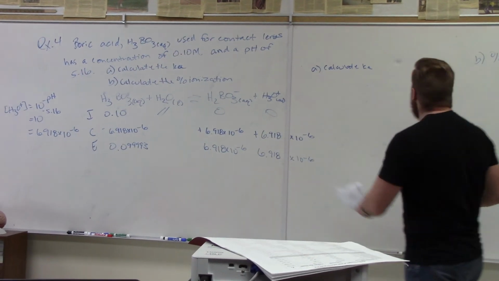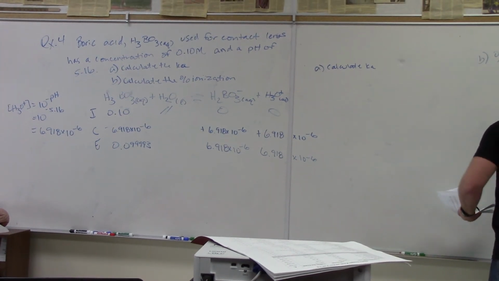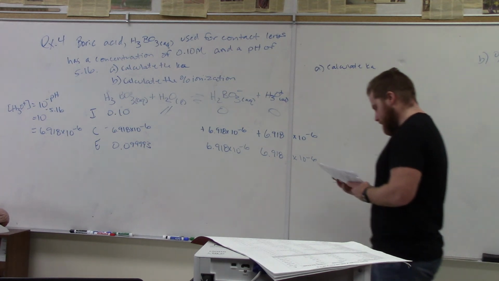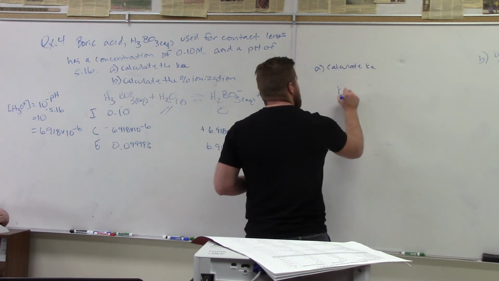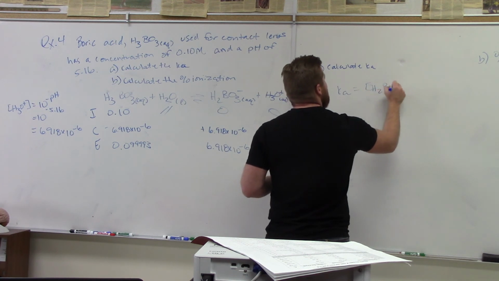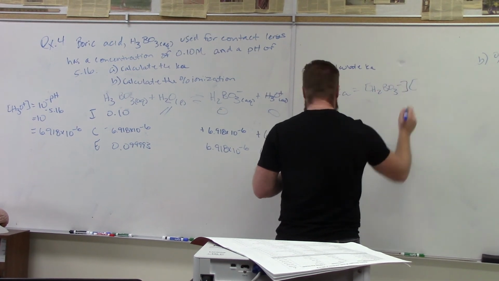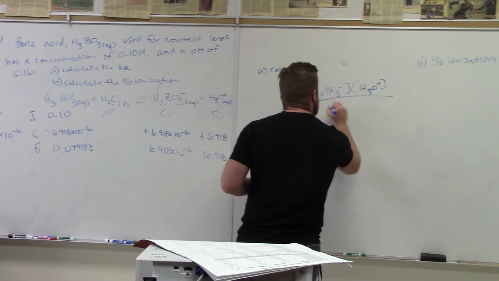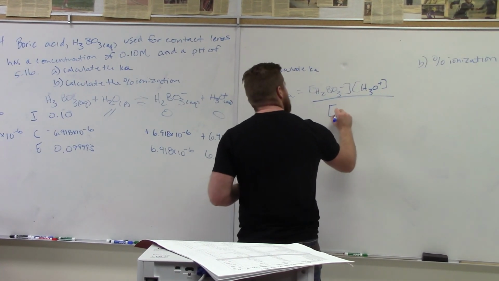All right, so let's solve for the Ka. So calculate Ka and calculate percent ionization for these examples. Ka equals the concentration of H2BO3 negative multiplied by H3O plus over the boric acid.